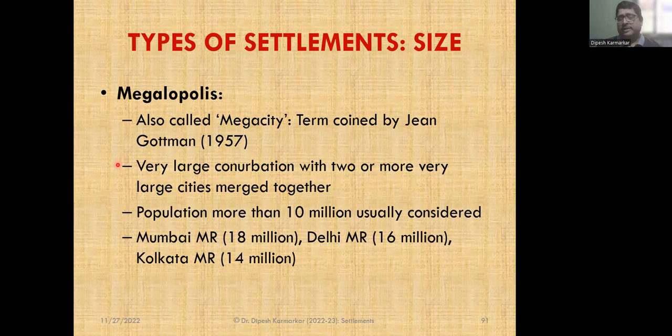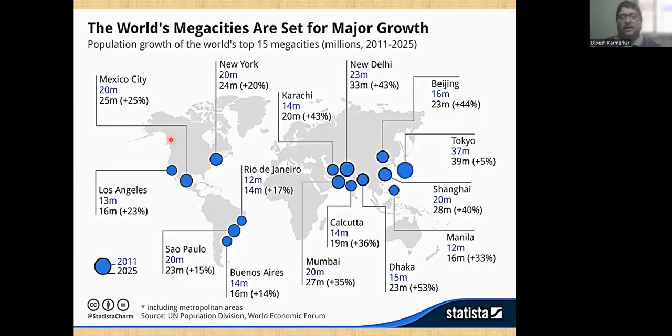Great examples are the Mumbai Metropolitan Region, with an overall population of 18 million, the Delhi Metropolitan Region with a population of 16 million, and the Kolkata Metropolitan Region with a population of 14 million. These are all megalopolises. So it includes the one metropolis, that is Mumbai, Delhi, or Kolkata, and then many other towns and cities located around it. So that is called a megalopolis.